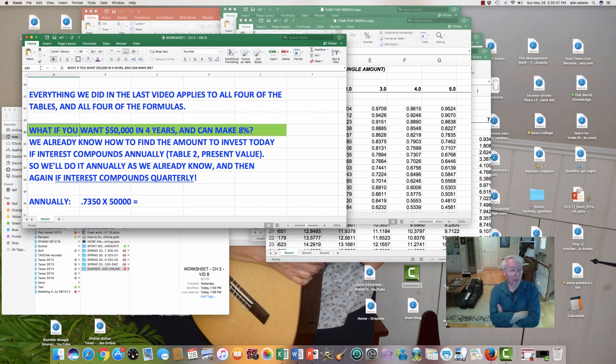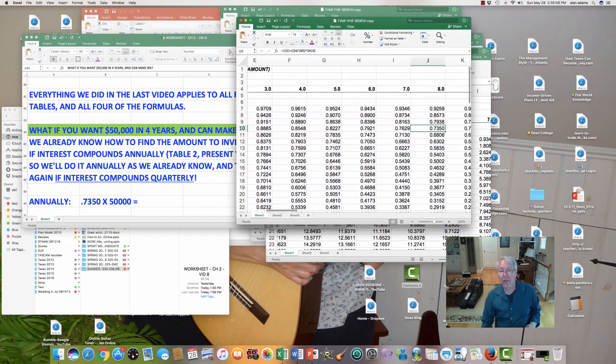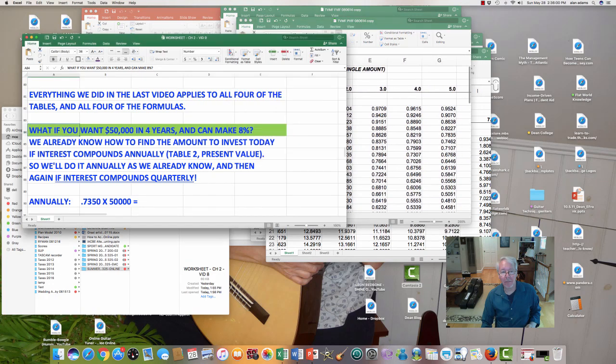How much? The question is, how much do we invest today? I want to have $50,000 in 4 years. So if interest compounds annually, table 2, present value, we know what to do. We're going to take $50,000 and multiply it by 8%, 4 years, there it is, 0.7350.